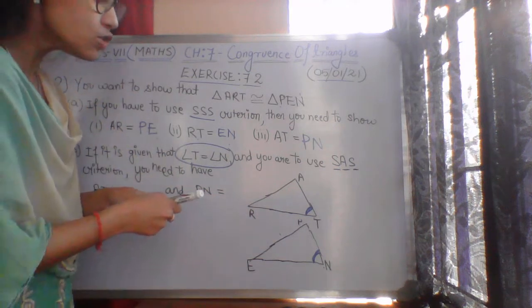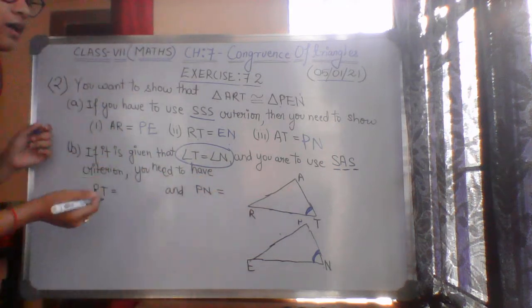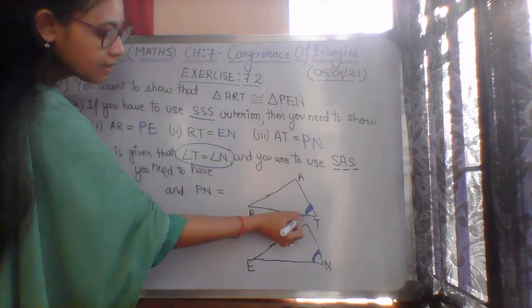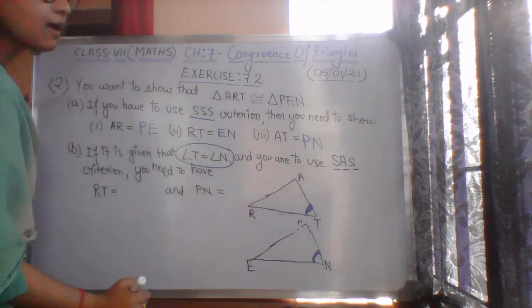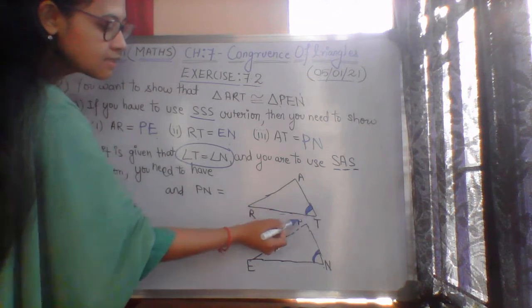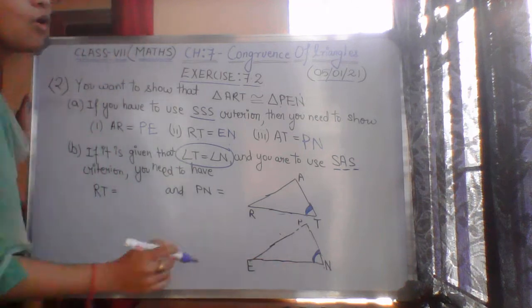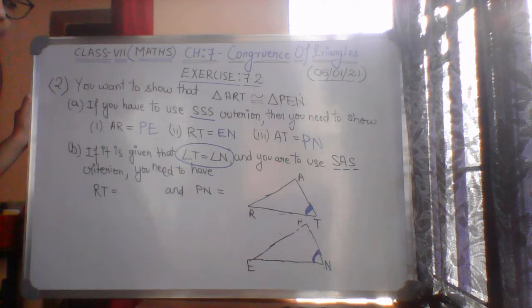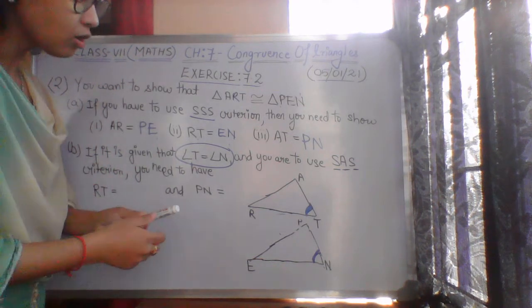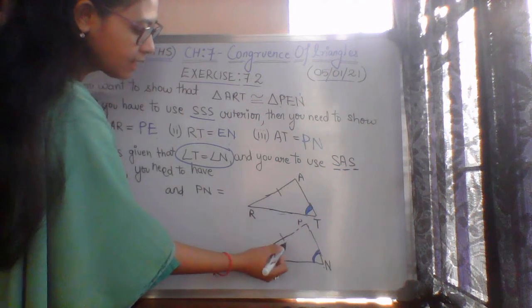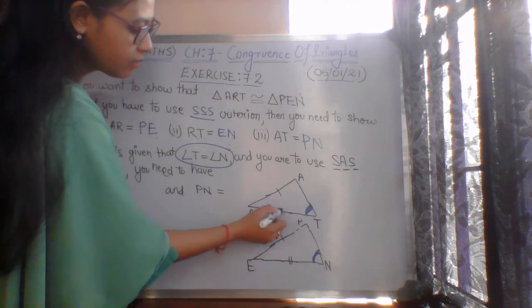Okay, so which two sides do I have to show are equal? What are the arms of this angle? This side and this side. I have to show this side and this side are equal to this side and this side of that triangle. I cannot show this side equal to this side and then this side equal to this side.